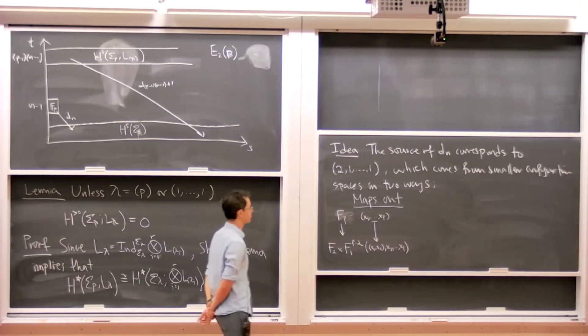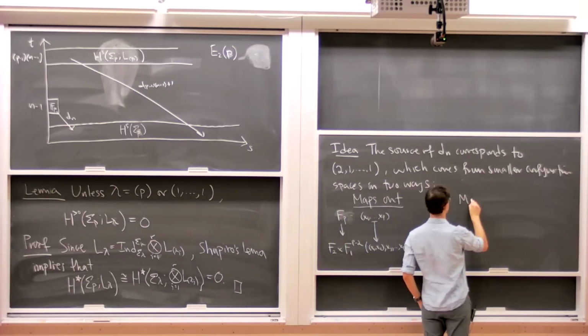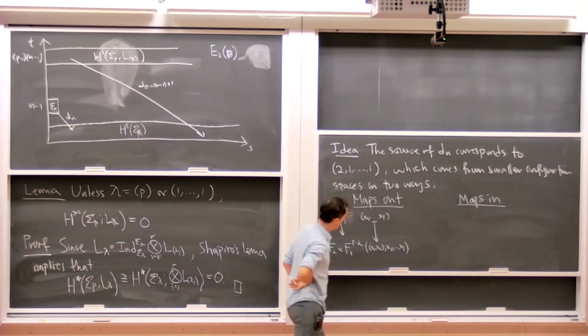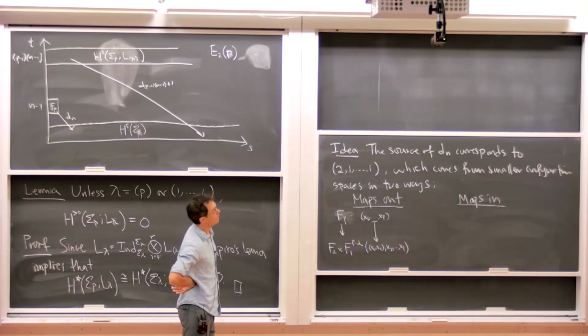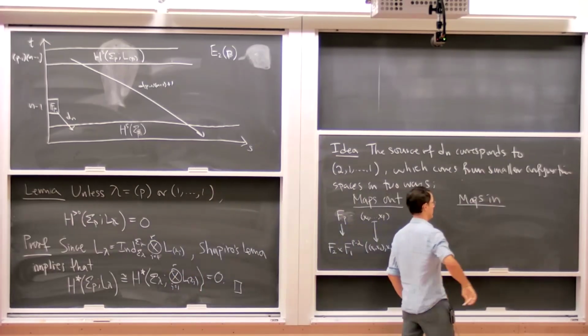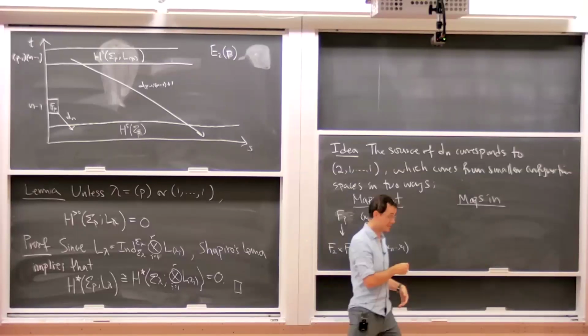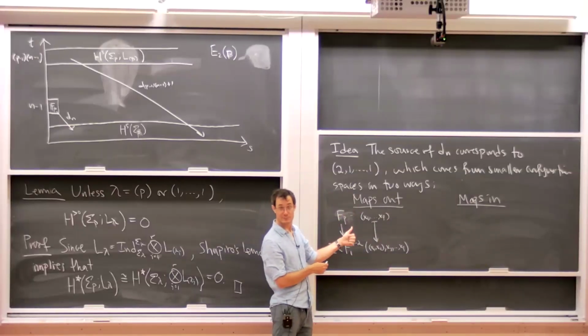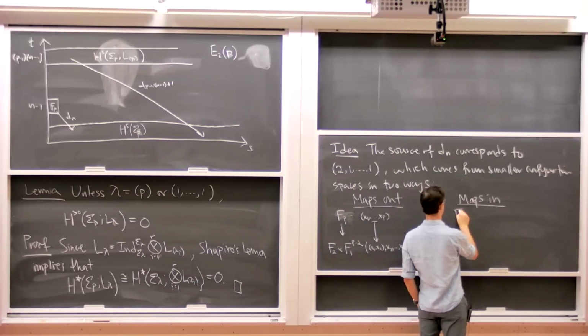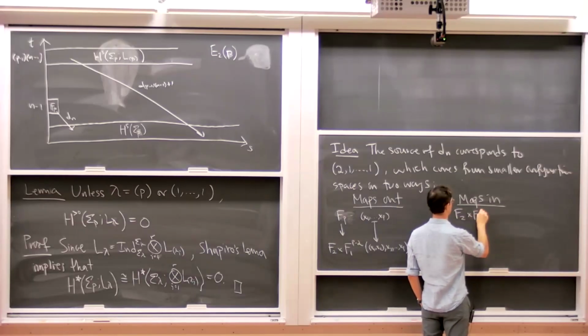What about maps in? A map in is going to be the other direction. It's going to go from F2 times F1 to the p minus 2 to Fp.